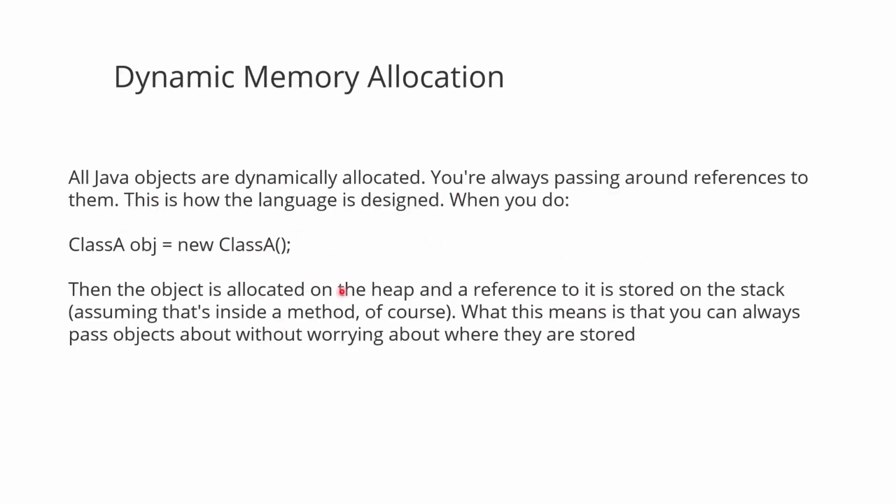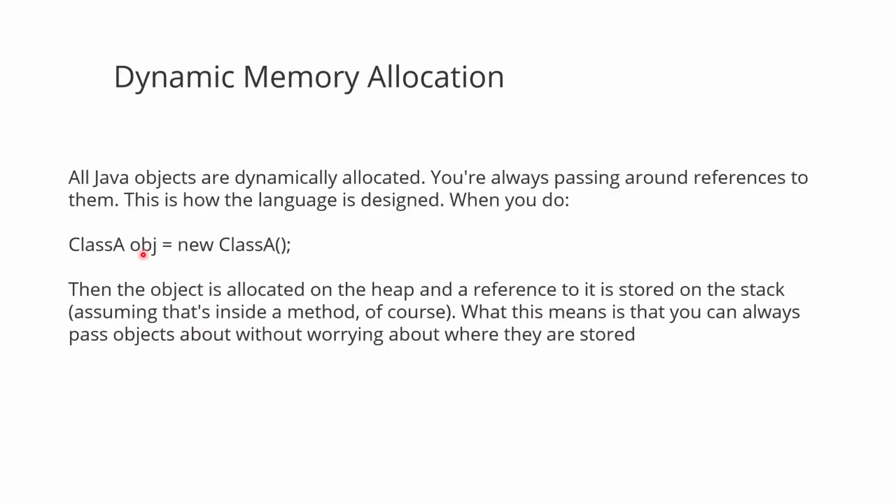So when we declare or instantiate class A here and store it in OBJ, what we are doing is creating memory for this class A, but pointing back to the name OBJ. What happens here with the object: space is allocated on the heap and a reference is stored on the stack.